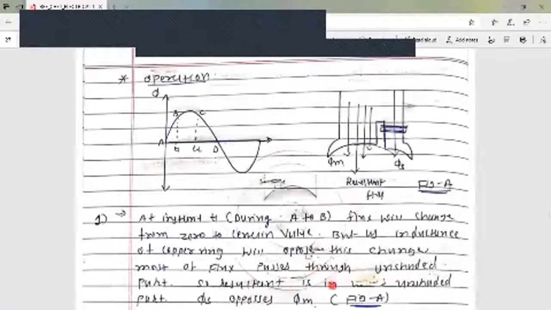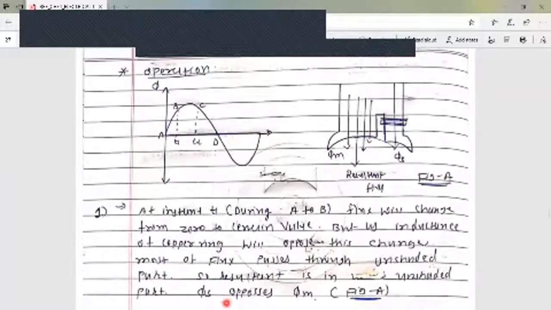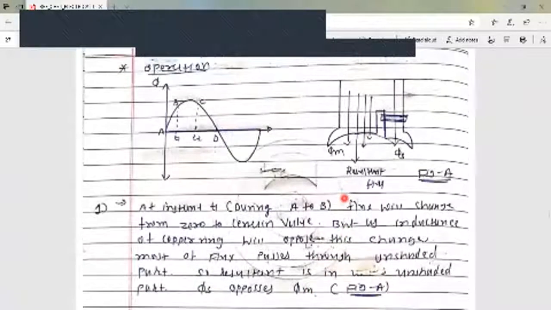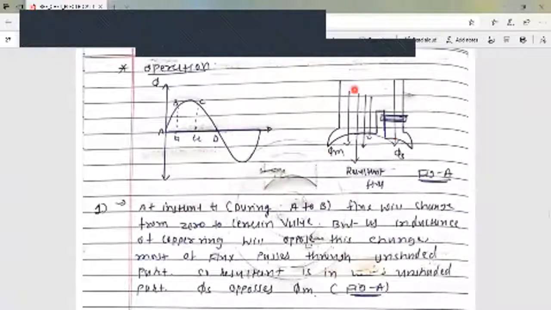So resultant is in unshaded part, because the flux in shaded part phi s opposes the main flux phi m, as we have discussed earlier. This is indicated in this figure. So all the flux through this unshaded part, little flux through this shaded part, and resultant flux is here.